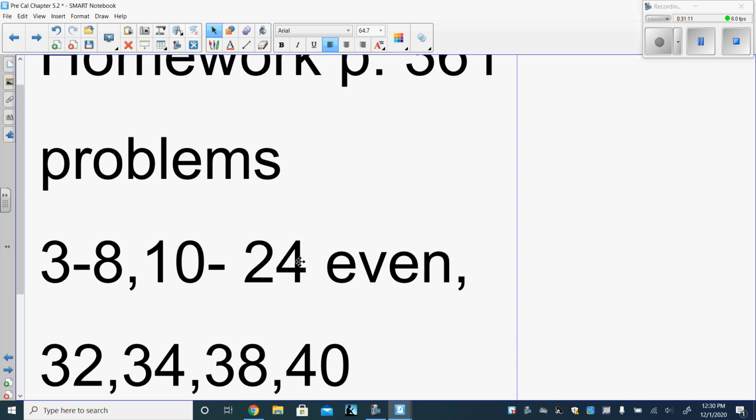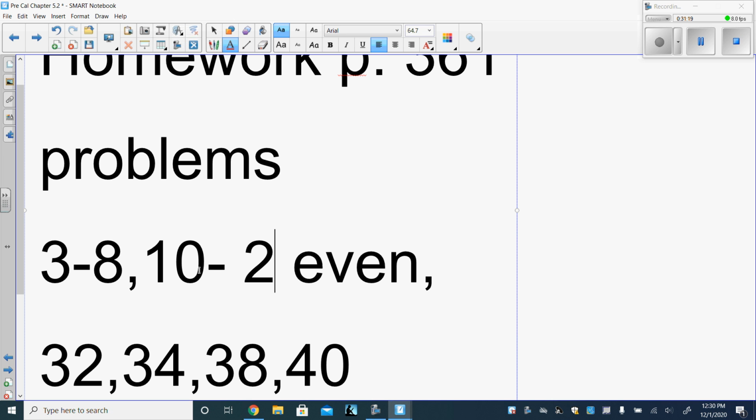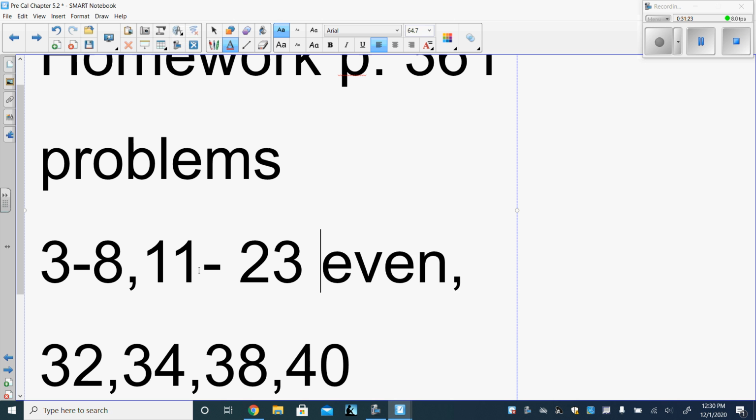Well, okay, I'm going to change this to 11 through 23 odd. That way, if you need some help, there are some answers in the back of the textbook to help you. I'm doing that so that you can check your answer.